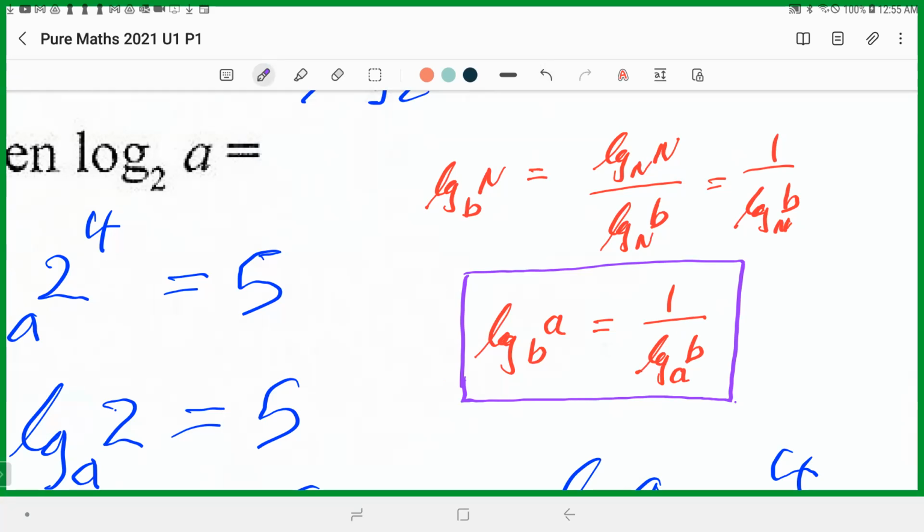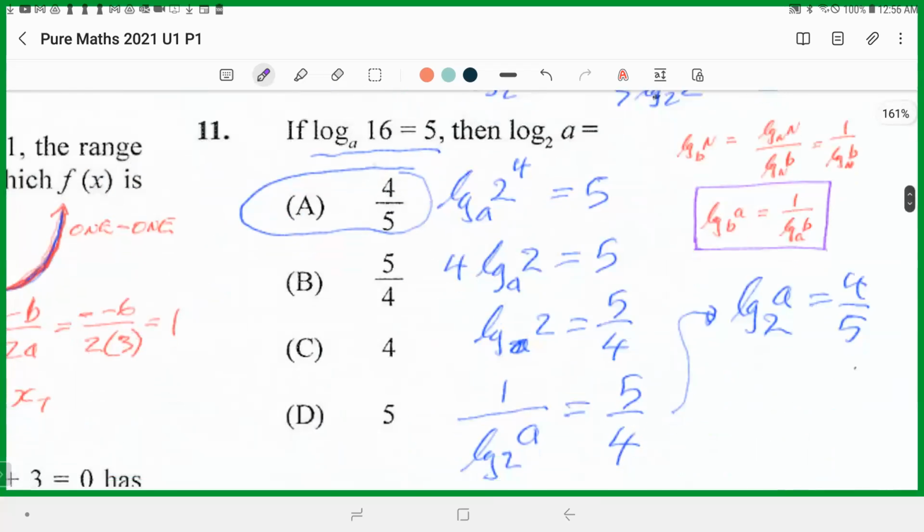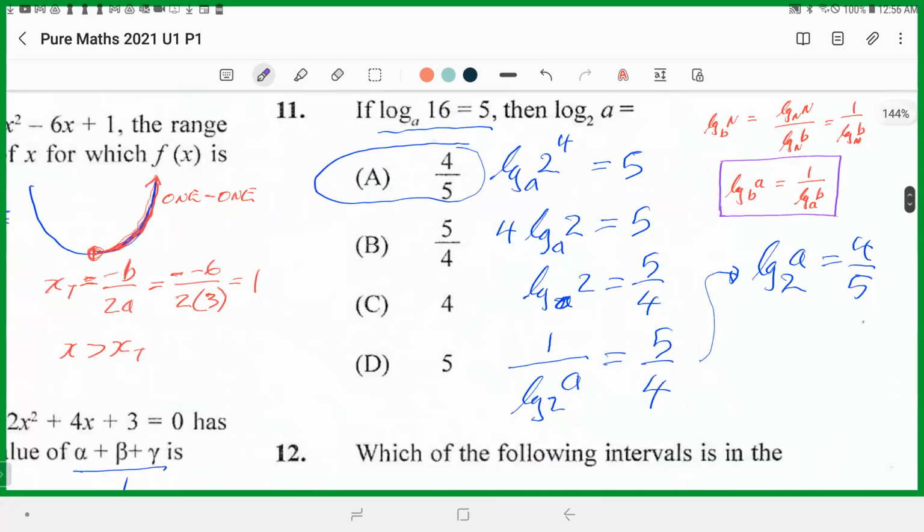All the laws of logs, all the laws of indices. Learn them back and forth, left to right, right to left. Learn all the trig identities. Don't depend on a formula sheet. Sit down and put them all in your head, and the questions just get easy.